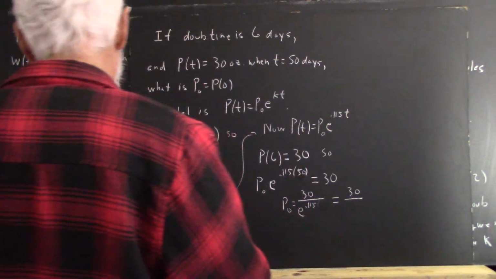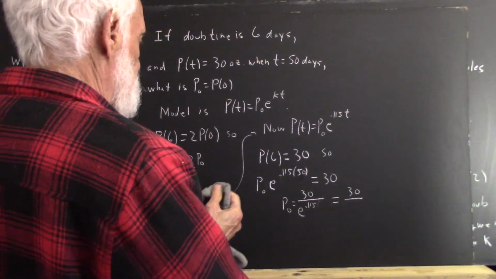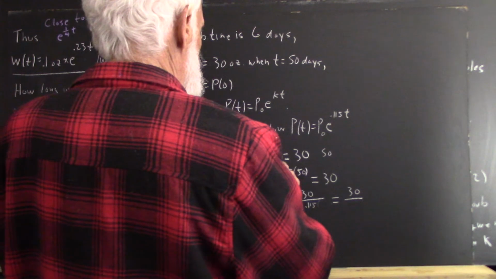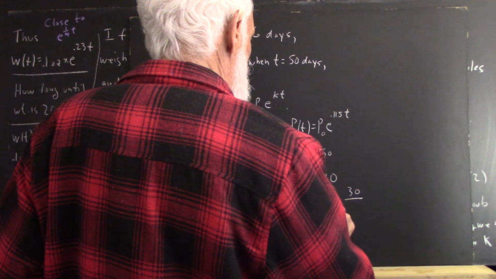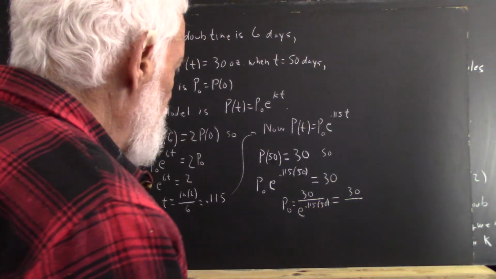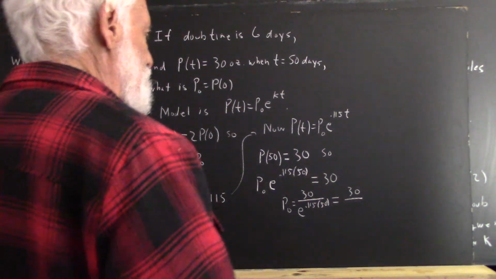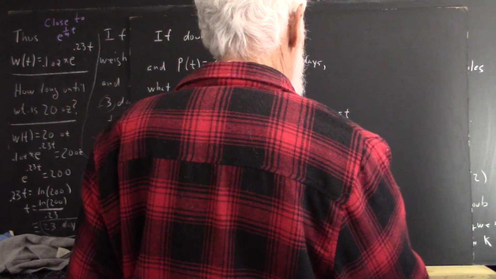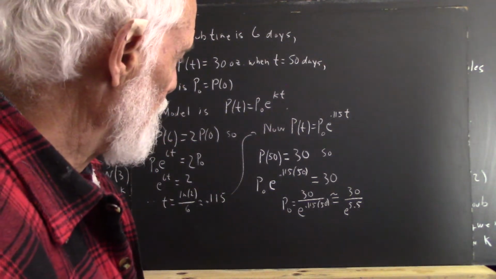And it's, ouch, P of 50 equals 30. And 0.115 times 50 is 5.5 or so. So P naught is approximately 30 over e to the 5.5.